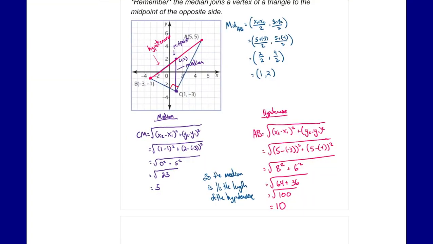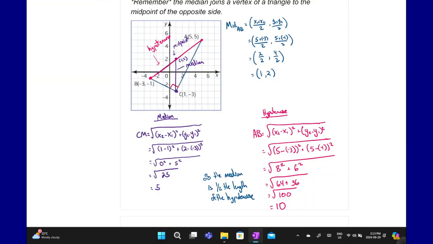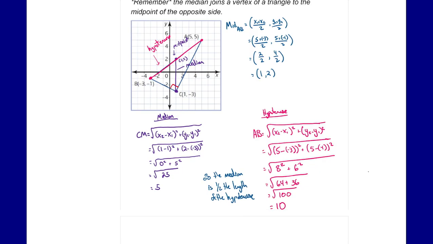None of the formulas we used were any different from the previous lessons. There's nothing new to these formulas. The main thing is we're now using those formulas to verify some geometric properties. So just make sure we understand how to use length of a line segment, midpoint, and looking for right angles using slope, and all of those things to help us verify these properties.